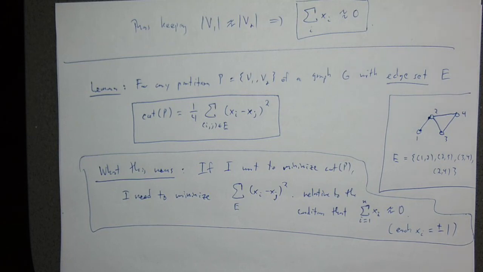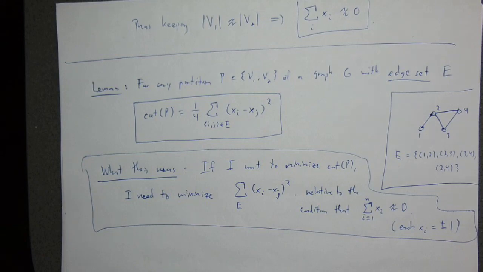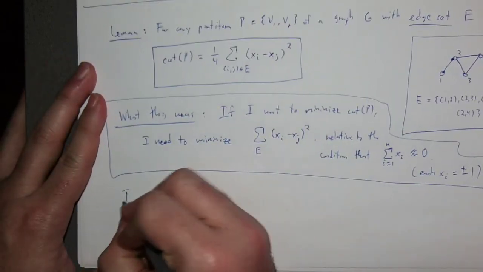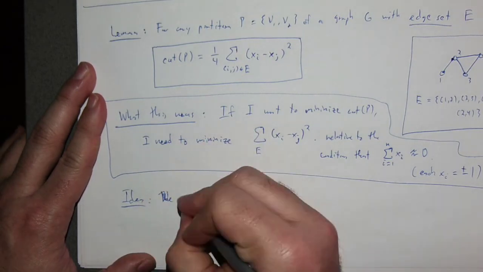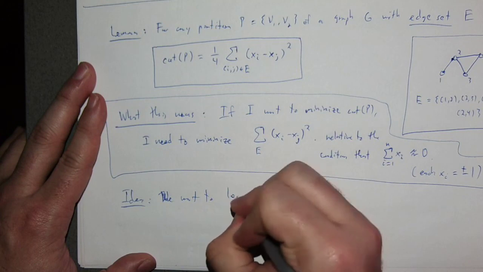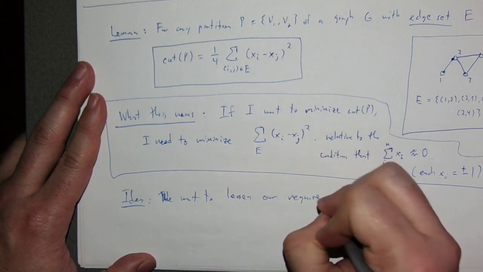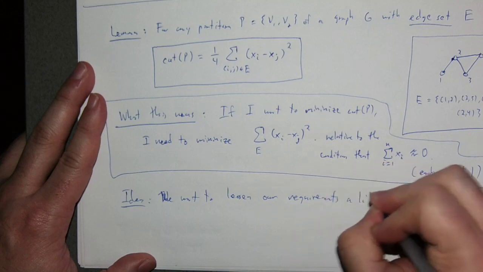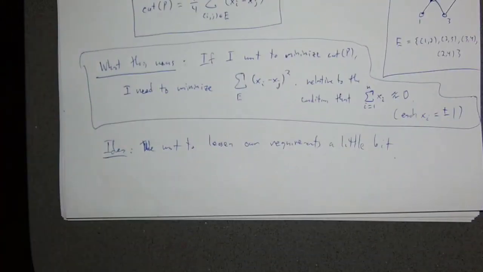So this is where the next bit comes in. The name of this section in the notes is what are we getting? The idea is we want to loosen our requirements a little bit. To see what is meant by this, there's an old goal and new goal stated on page 15 of the notes.